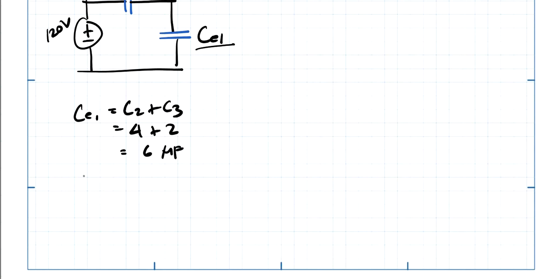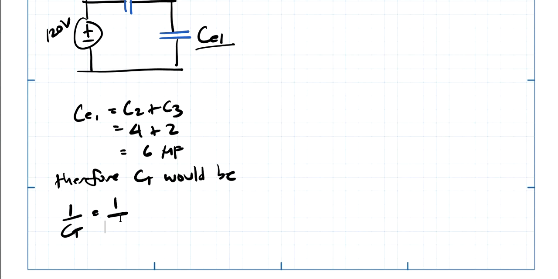Okay, so therefore CT, so 1 over CT is equal to 1 over the value of C1, that is 3 microfarads, plus 1 over 6 microfarads.